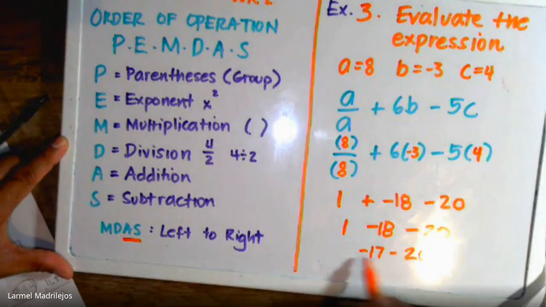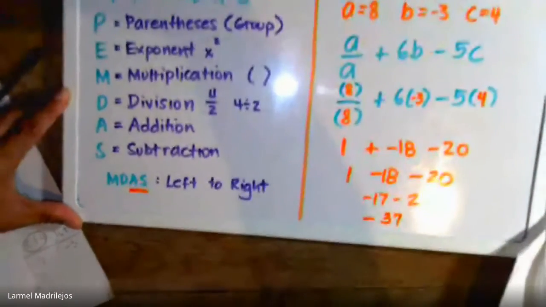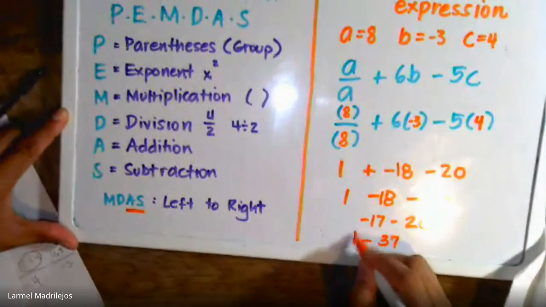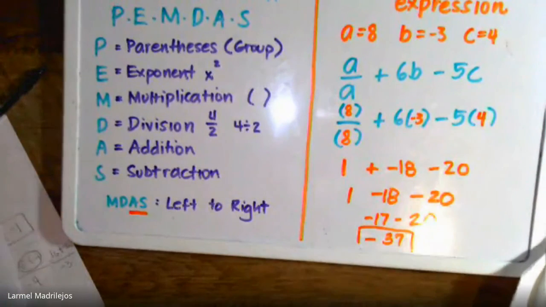Same sign, so I'm going to use the sign and add the numbers. 17 plus 20 is 37. That will be the answer: negative 37. Thank you.